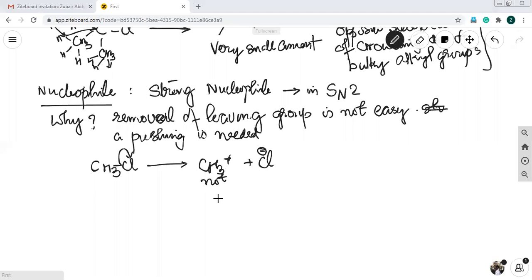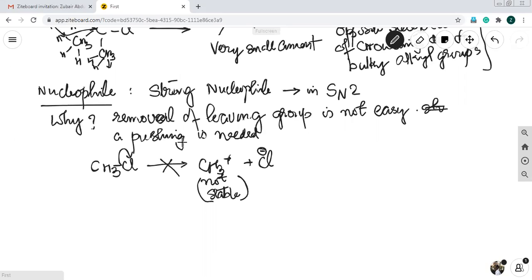So since an unstable carbocation is formed, this will not occur.